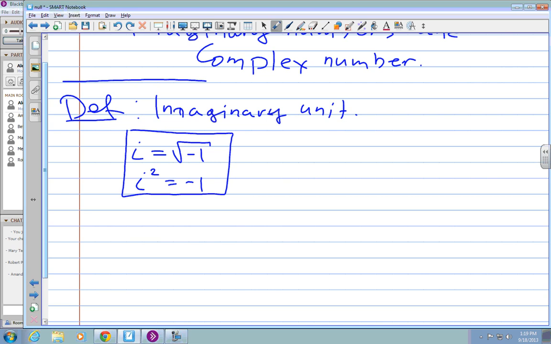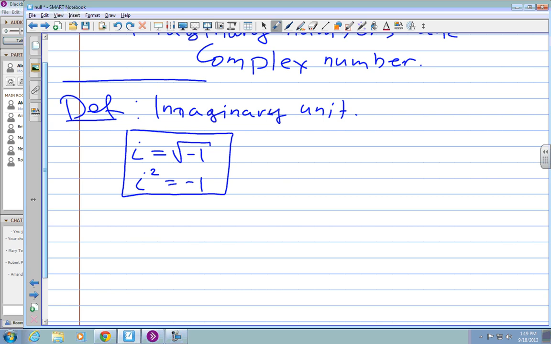I don't know if you want to know where i lives. If you want to send it a letter or a package, you need an address for i. If I'm still in a good mood by the end of today, I'll show you where i lives. You don't need to know that. You just need to know it's not on a number line. You're not going to find it on that pretty number line that you all know and love. But that's it. That's the definition of the number i.